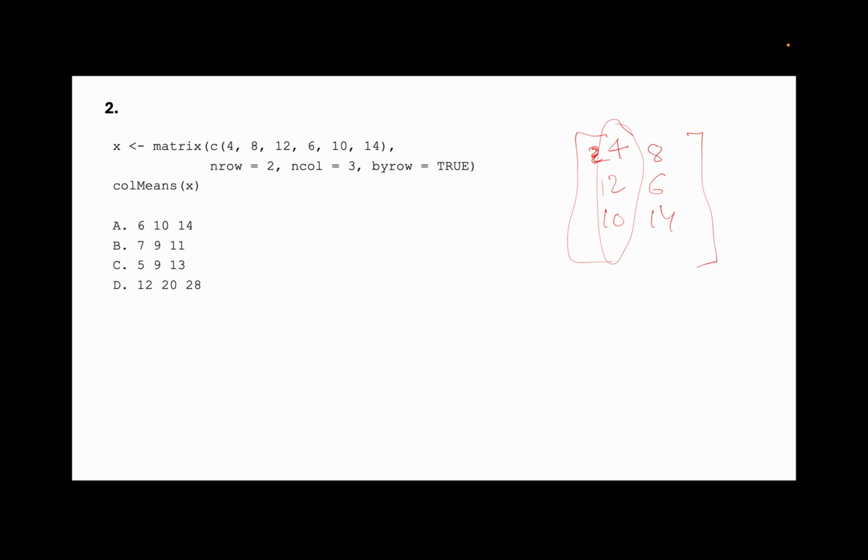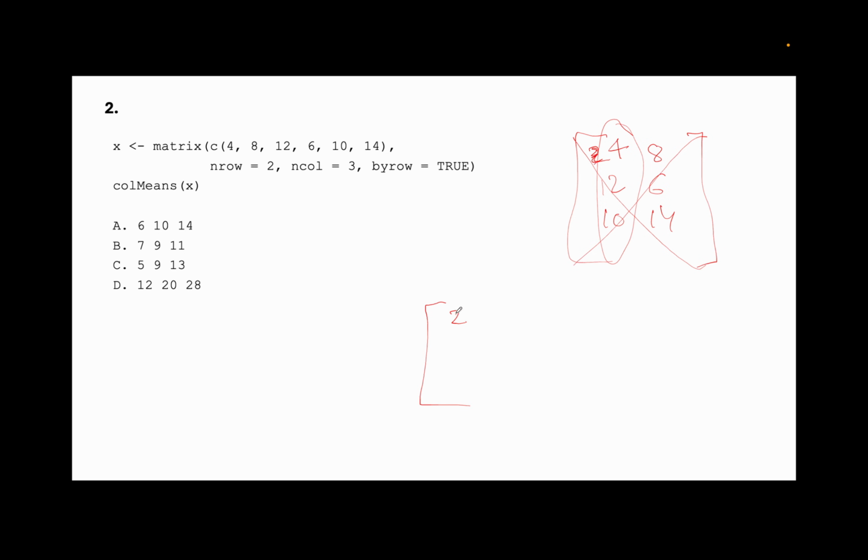There are 3 columns, so there should be 3 numbers, but only 2 seem to come. Something went wrong, I made the wrong matrix actually.